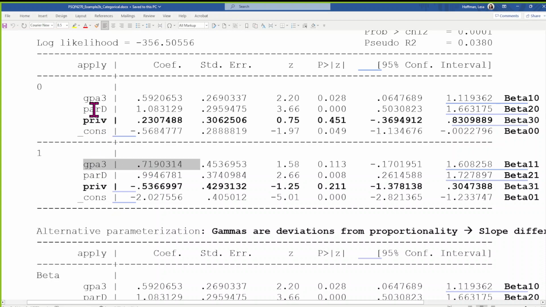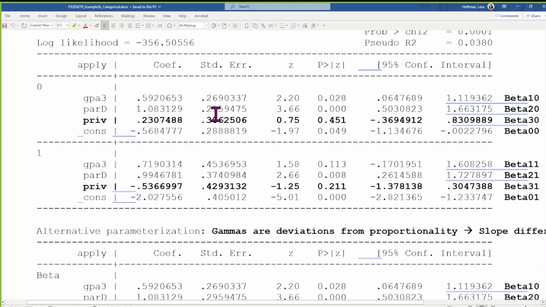Now, do you think that 0.7 and 0.6 are different? Well, it looks like one's bigger, but can I just say, yeah, it's numerically bigger? No, I can't say that because I've got to take into account how precisely each of these is estimated.